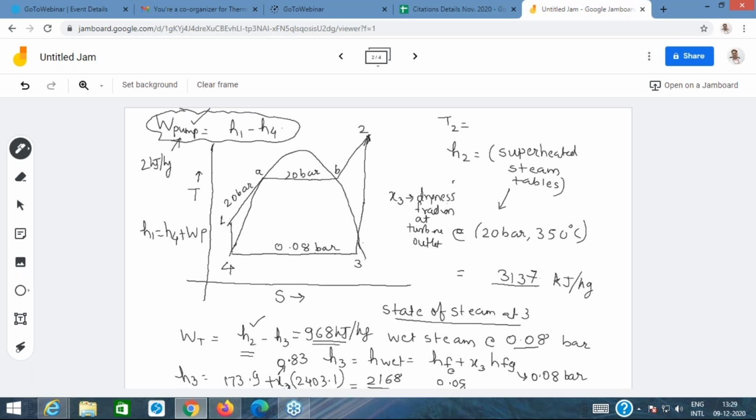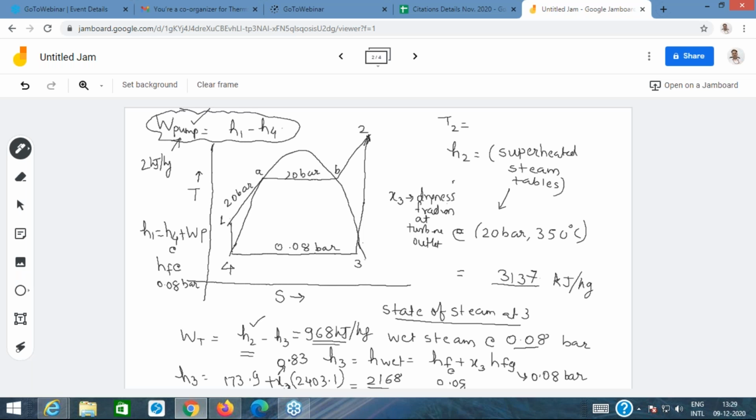H4 can be obtained from the steam tables. How to find H4 from the steam tables? H4 is at what pressure? H4 is Hf. It is a liquid. H4 is on the liquid line, so it is Hf at 0.08 bar.